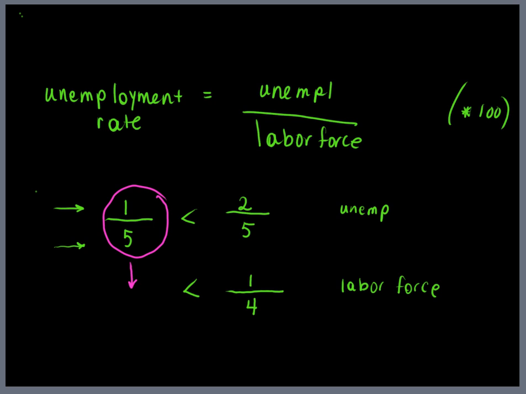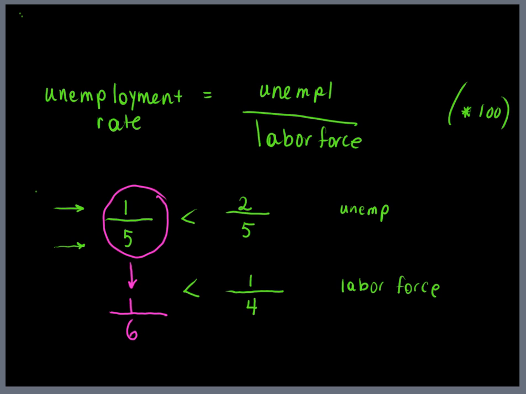So relating this to reality, if more people are entering the labor force at a greater rate, then the unemployment rate is going to go down, even though there has been no change to the number of unemployed people. And so that's the idea.